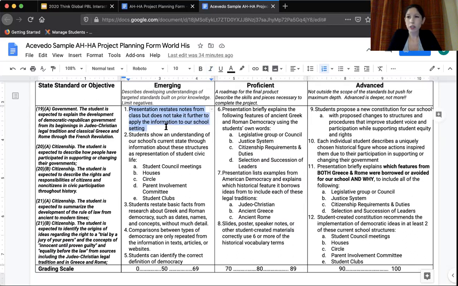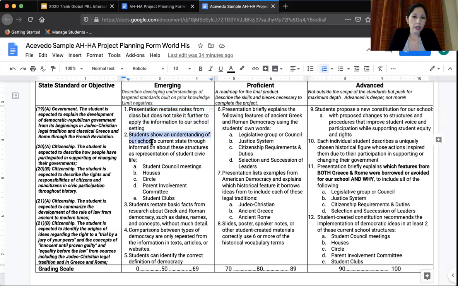And just in general, in project-based learning, students typically will start thinking that they can just restate information from the textbook, or whatever I said in a workshop or a lecture or in my presentation of facts and information, they just kind of put it back together again in a different way, but it's not really applying any of their knowledge. They're just restating it again. It's almost just repeated from what was in the notes. And if they do that in a project, then they're certainly going to be considered emerging if they didn't do anything to show that they thought about the content. So that's why that's under emerging.